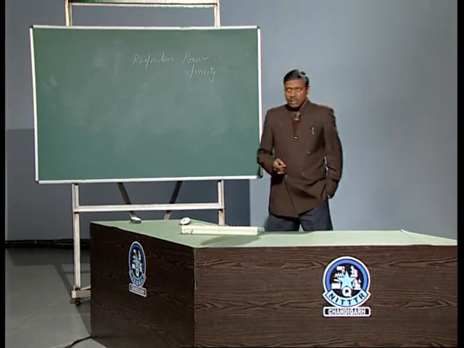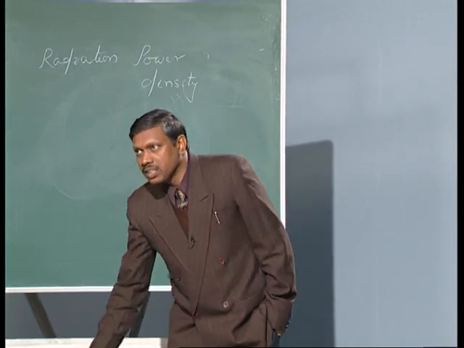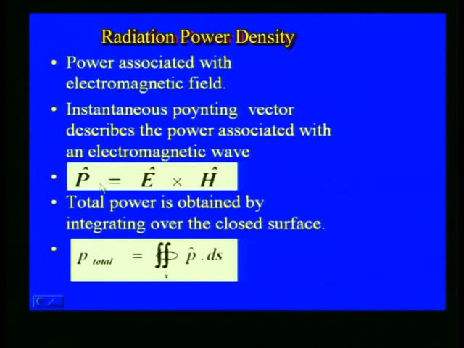Now, if we take the instantaneous Poynting vector, like the case which I have shown here in this equation, then if E is the instantaneous electric field and H is the instantaneous magnetic field, then the instantaneous Poynting vector is expressed as E cross H. But as you know, this is nothing but a power density. The instantaneous Poynting vector gives a power density.